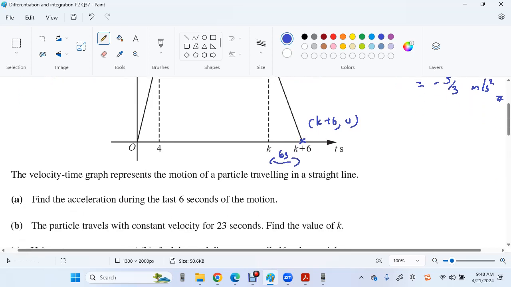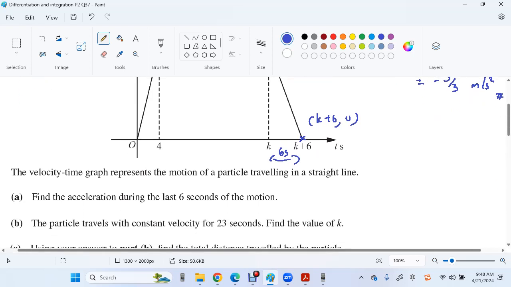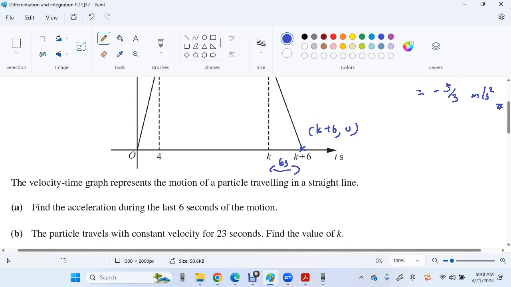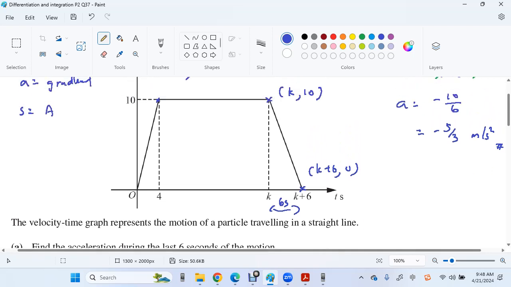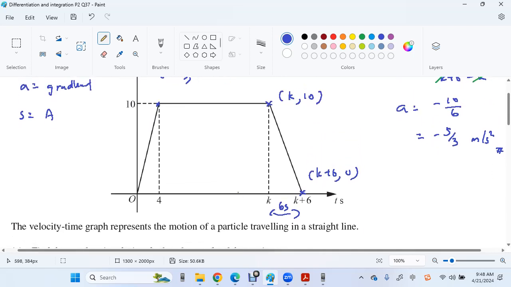Okay, we look at B. The particle travels with constant velocity for 23 seconds. Find the value of k. So we know that constant velocity means the graph is a straight line, something like this, parallel to the x-axis.